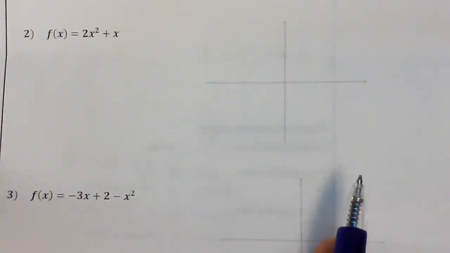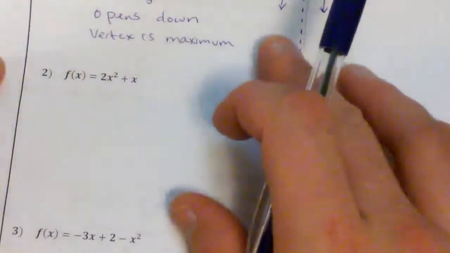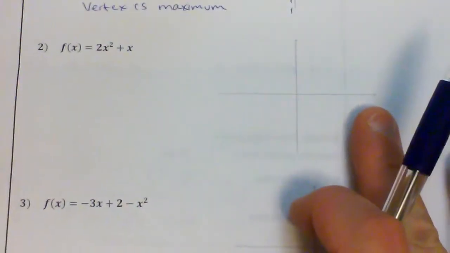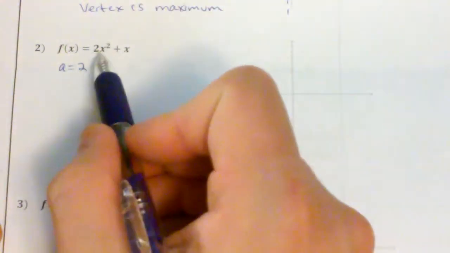Okay, here's a new quadratic, another one. I recognize it's a quadratic because it has an x squared as its largest degree. Okay, there we go. All right, so let's go ahead and do our ABCs. A is 2, 2x squared. There's an invisible 1 here, that's 1x. So B is a positive 1. And then there is no C over here.